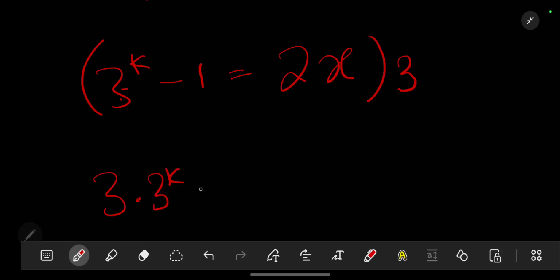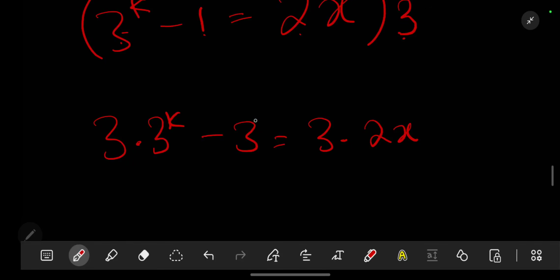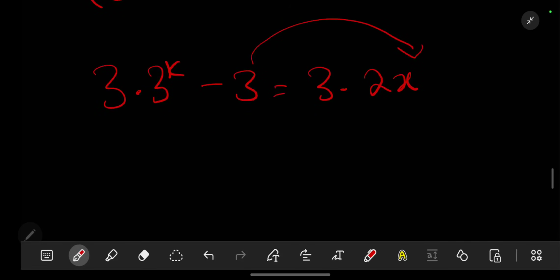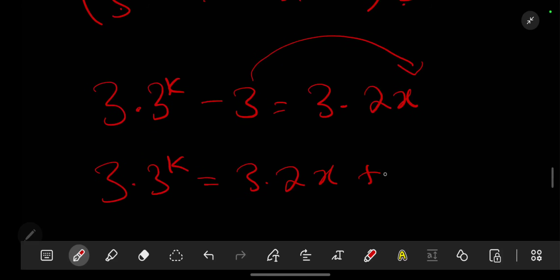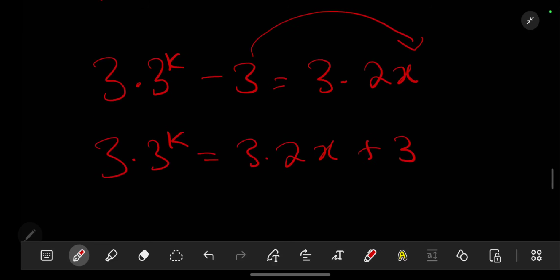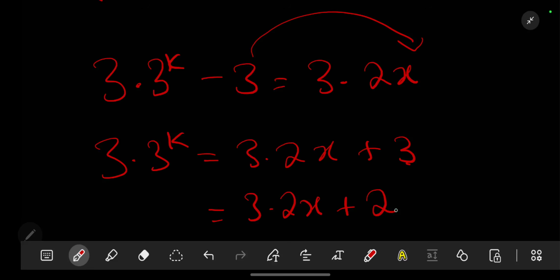So 3 multiplies everything: 3 times 3 to the power k minus 3 times 1 should be equal to 3 times 2x. Taking the 3 to the other side, we have 3 times 3 to the power k equal to 3 times 2x plus 3. Since 2 is the one that is divisible, we make this into a 2: 3 times 2x plus 2 plus 1.